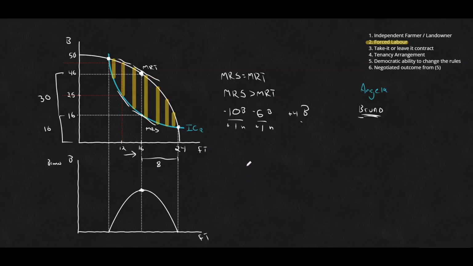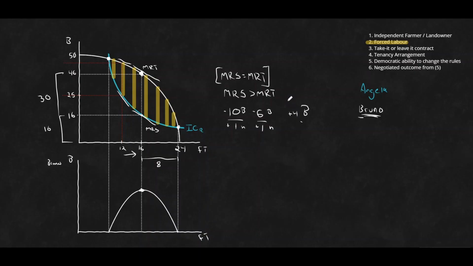So even though Angela is restricted, even though Angela is minimized to her reservation indifference curve, the lowest level of utility that she would need to actually work and not just try to run away and escape, our optimizing scenario still takes place where the marginal rate of substitution equals the marginal rate of transformation.